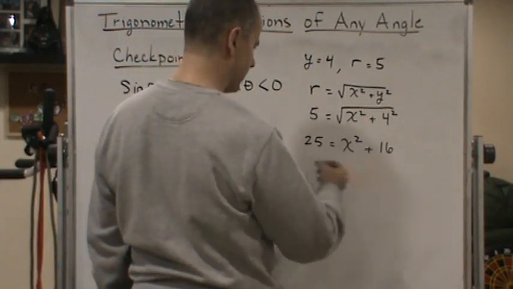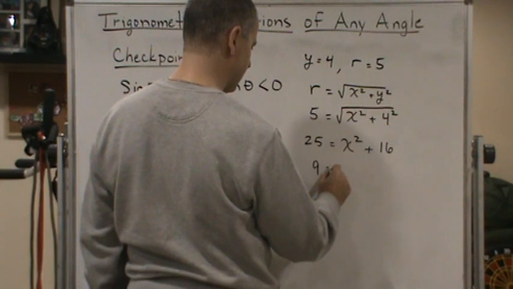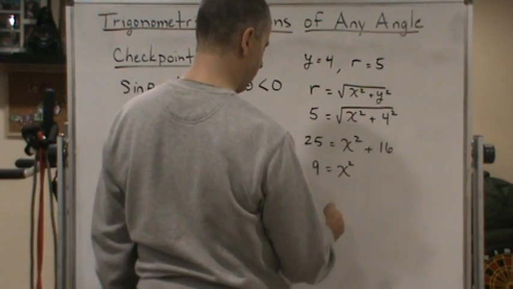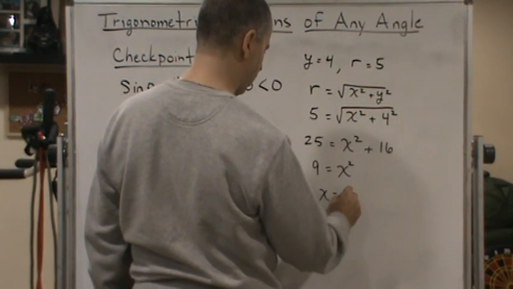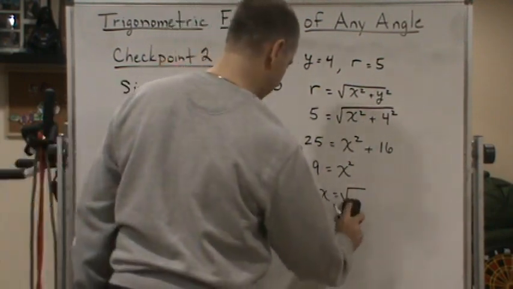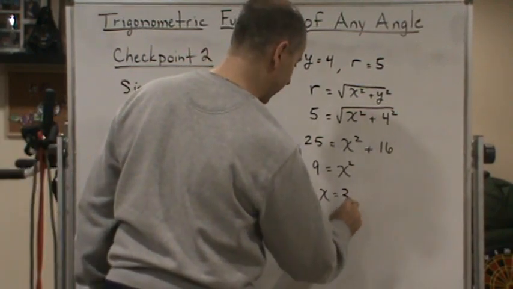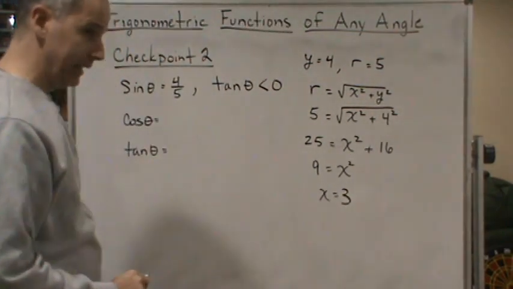If we subtract 16 from both sides, we get 9 is equal to x squared, which means x is equal to 3, the square root of 9, because we take the square root of both sides.